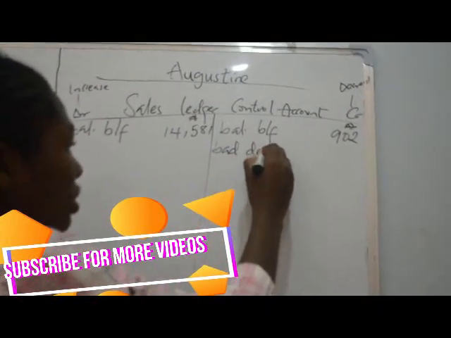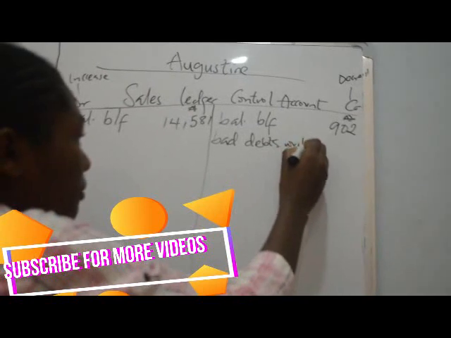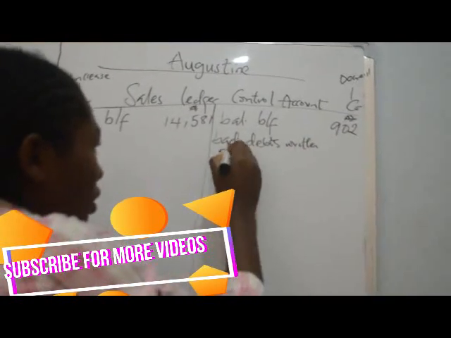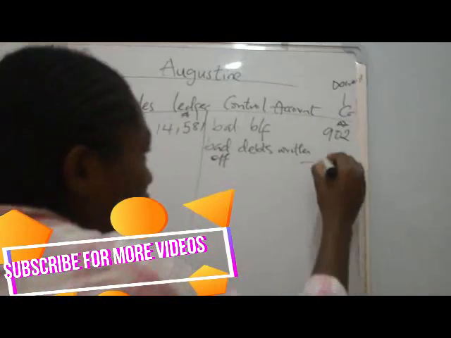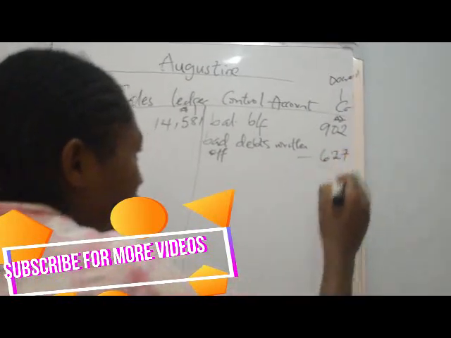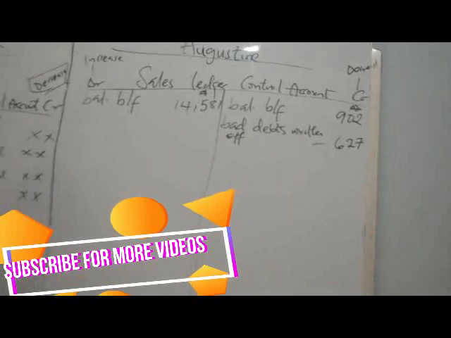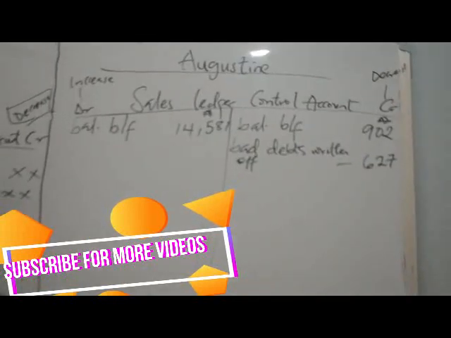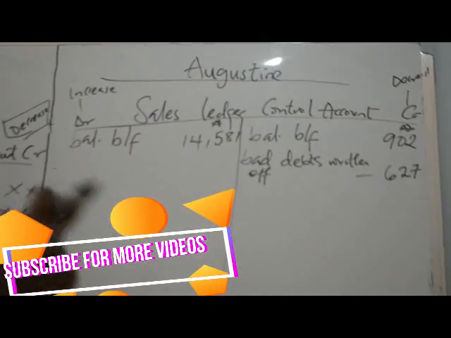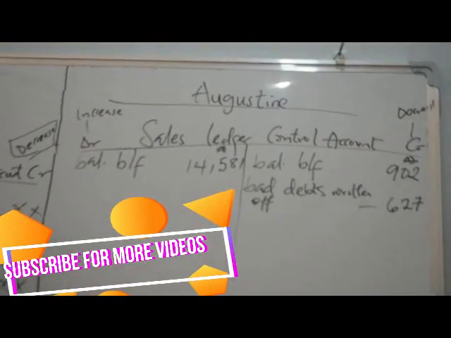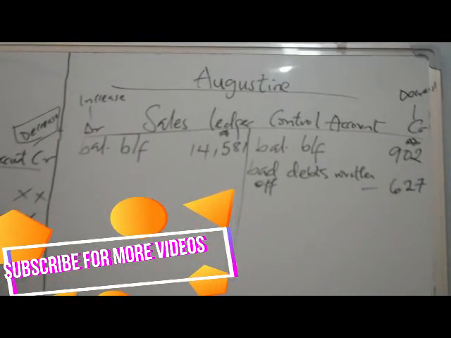We have bad debts written off, okay? That amount is 627 naira. We together. Now the next one we have is discounts allowed. Like I also said, discount allowed will be reducing the total debt, okay? We'll be reducing the money owed by our debtors.